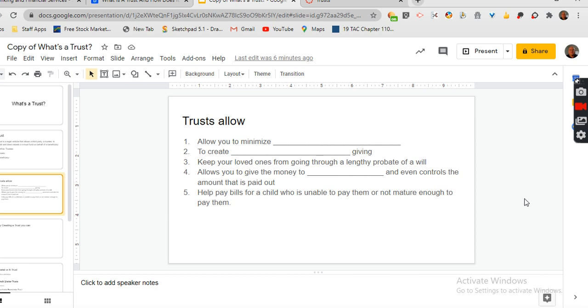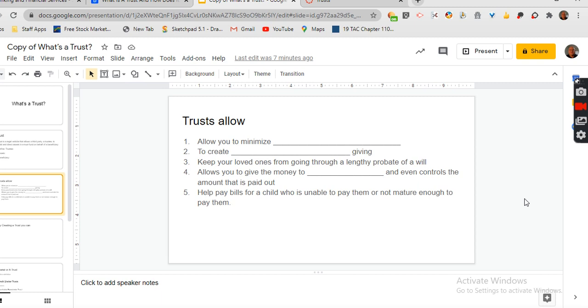The fifth one is that a trust helps pay bills for a child who is unable to pay them or not mature enough to pay them. So it's like a child for whom you set up a trust, and the parents die early, the trust fund that was set up by their parents pays all their expenses up to a certain date, or continues to pay for the rest of their life.